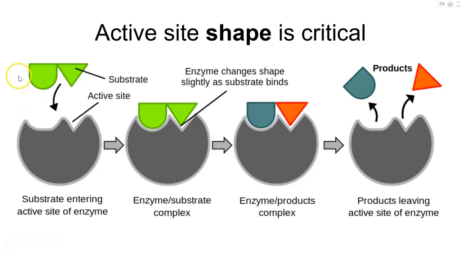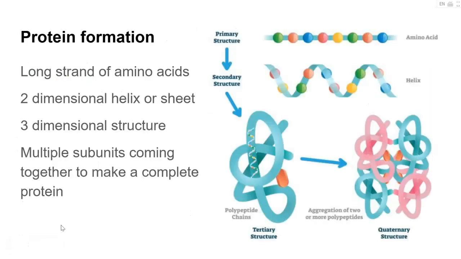So if we're going to break down a substrate, think about like if this is a protein in your gut or a lipid, and it can't bind to the protein, you're going to have undigested proteins going through your body. That means you are not getting nutrition, and probably a lot of problems will happen there. Okay, so the shape of the active site is incredibly critical for enzymes.